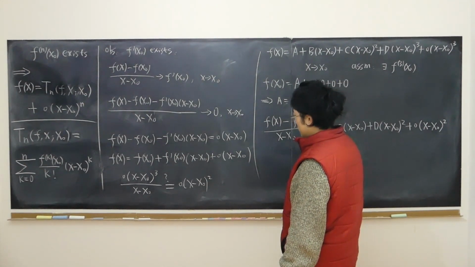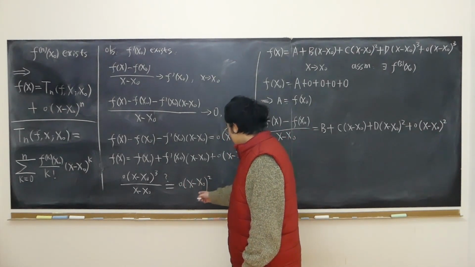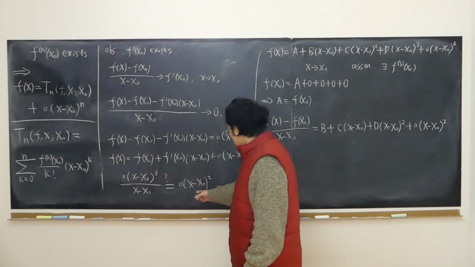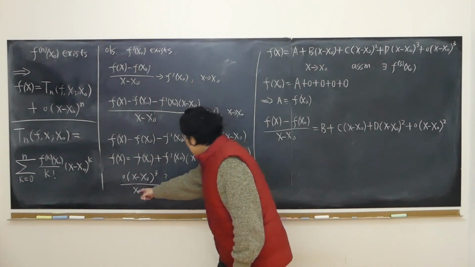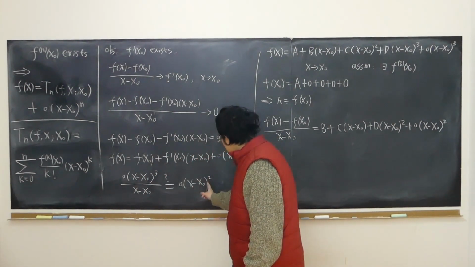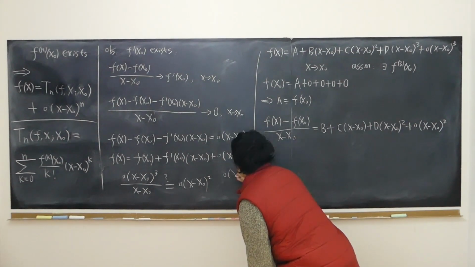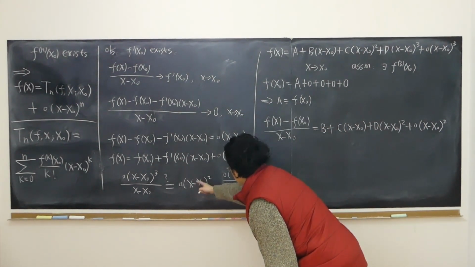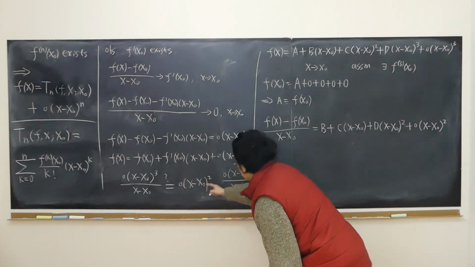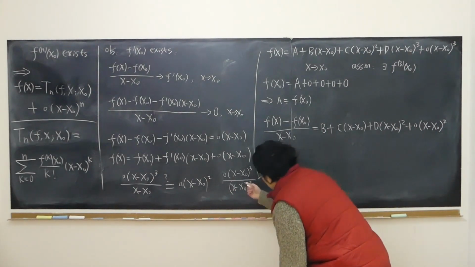All we have to show is that if this quantity divided by (x minus x naught) to the power of 3 is infinitely small, then is this thing divided by (x minus x naught) to the power of 2 still infinitely small?